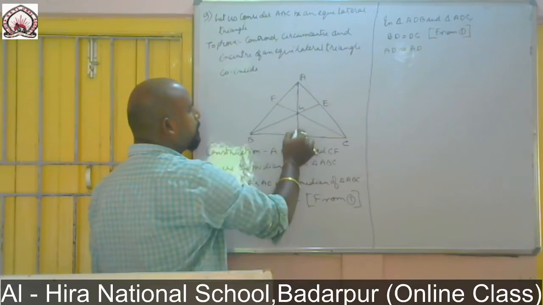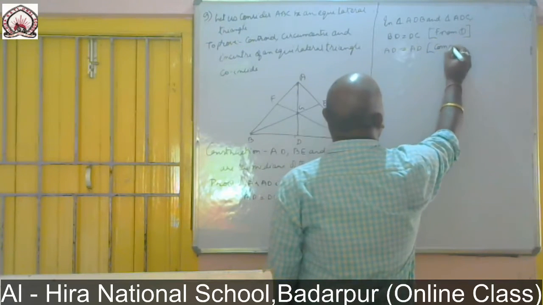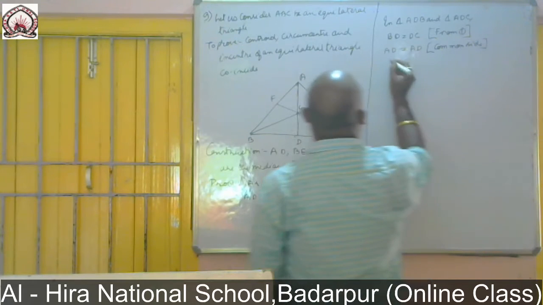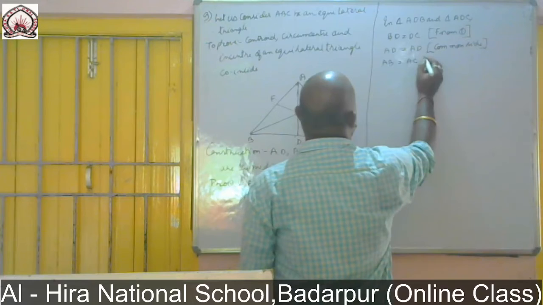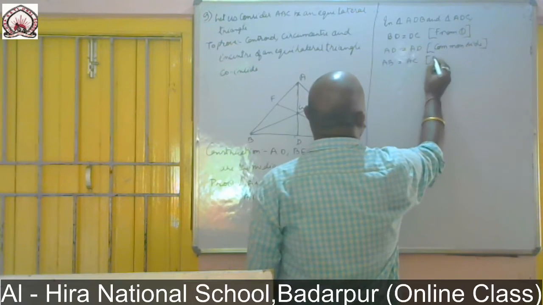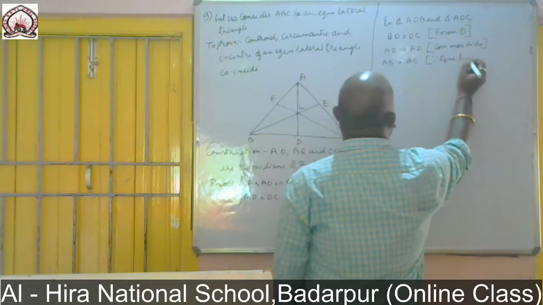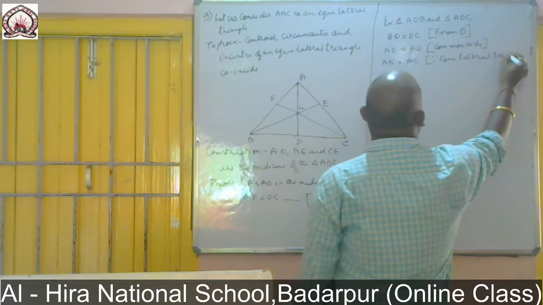This is the common side, because of common side. Okay. Now again, AB equal to AC, since it is an equilateral triangle.